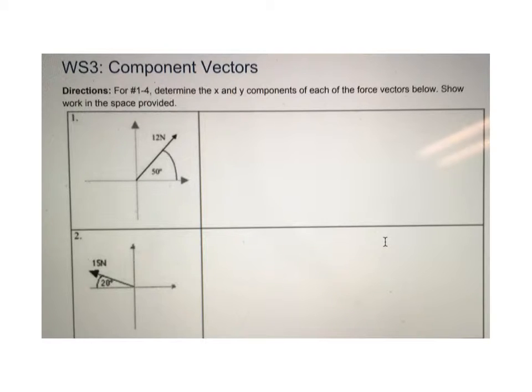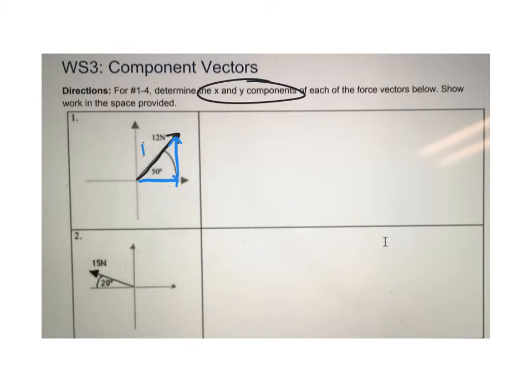So in this example, we've got a force at an angle. The question is to determine the components. So really, it's asking you to determine what would the magnitude of these two components be.